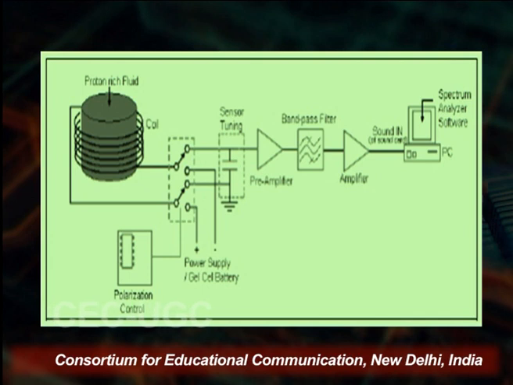Another type is the Overhauser effect magnetometer. In this type of magnetometer, protons are coupled to the nuclei of the liquid, and the precession frequency is linear with the magnetic flux density, and thus can be used to measure the field strength.